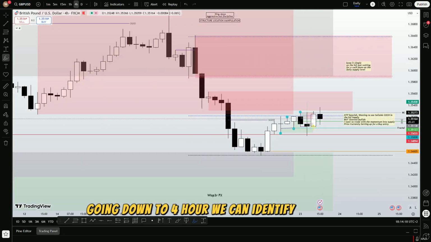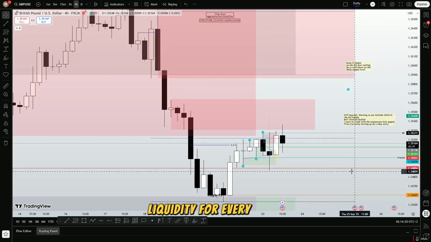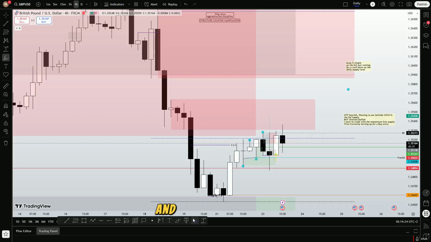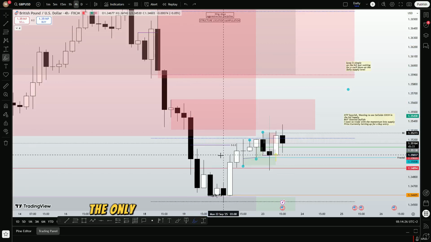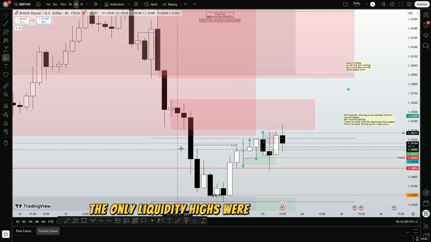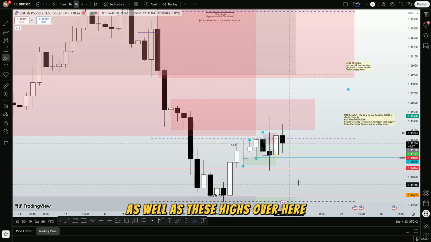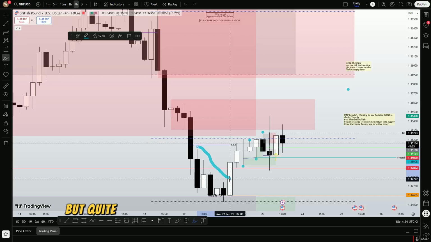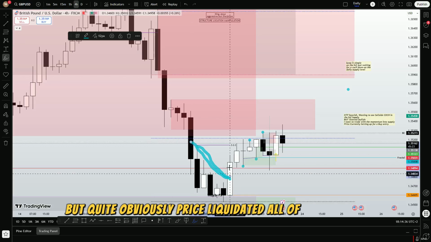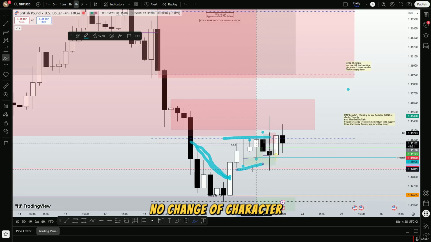Going down to 4 hour, we can identify liquidity. For every entry we need liquidity and a change of character, and in this push down the only liquidity highs were these highs here as well as these highs over here, but quite obviously price liquidated all of these highs, no change of character.